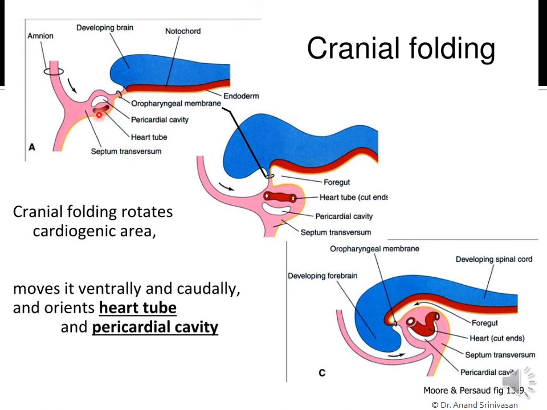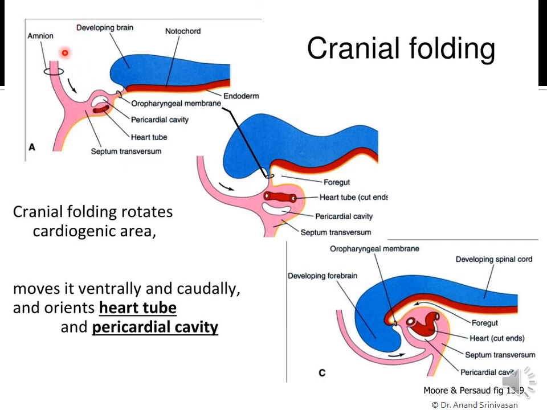Now we have seen in the first slide that the heart tube is located cranial to the developing brain. Then how does it come towards the thorax? This is brought to the thorax by means of the cephalocaudal folding of the embryo.